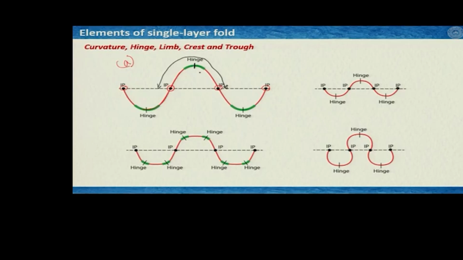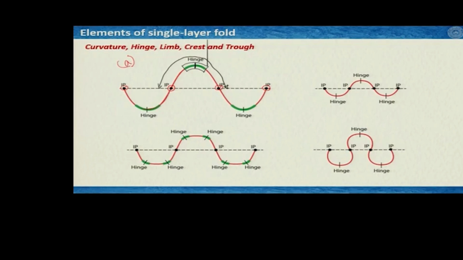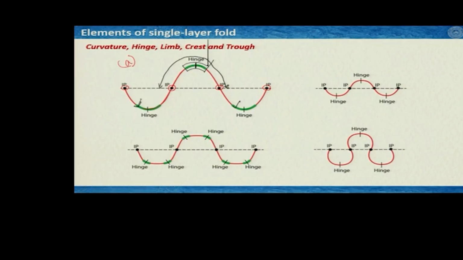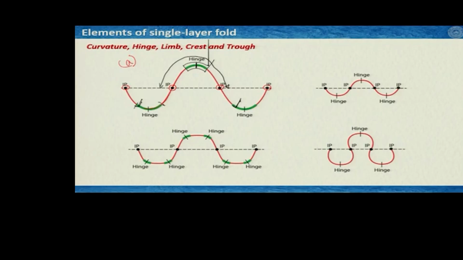Around this hinge point we have a small segment of this fold where the line is mostly curved, and the green areas here, here and here are known as hinge zones. Whatever is left, outside the hinge zones, is the limb of the fold.